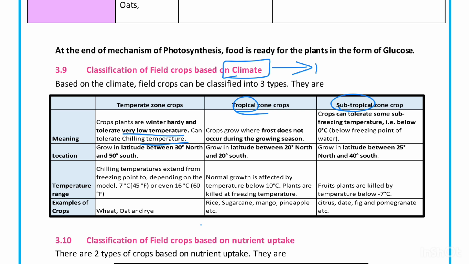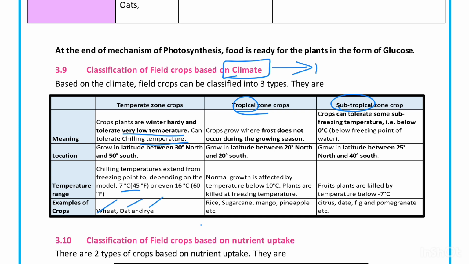So temperate crops are basically like apple, which can survive hardy winter conditions, which tolerate a chilling temperature. All those are temperate zone crops. In specific, in field crops, wheat, oat, rye are examples.